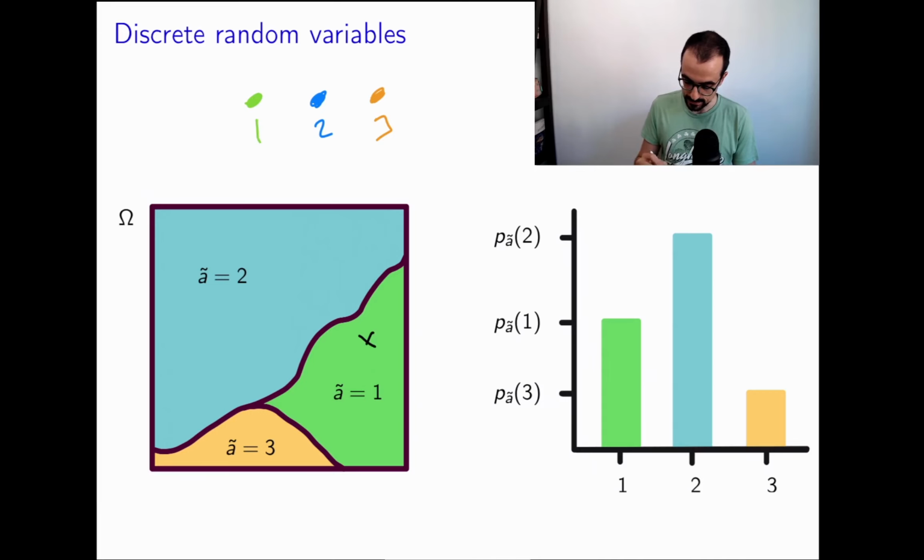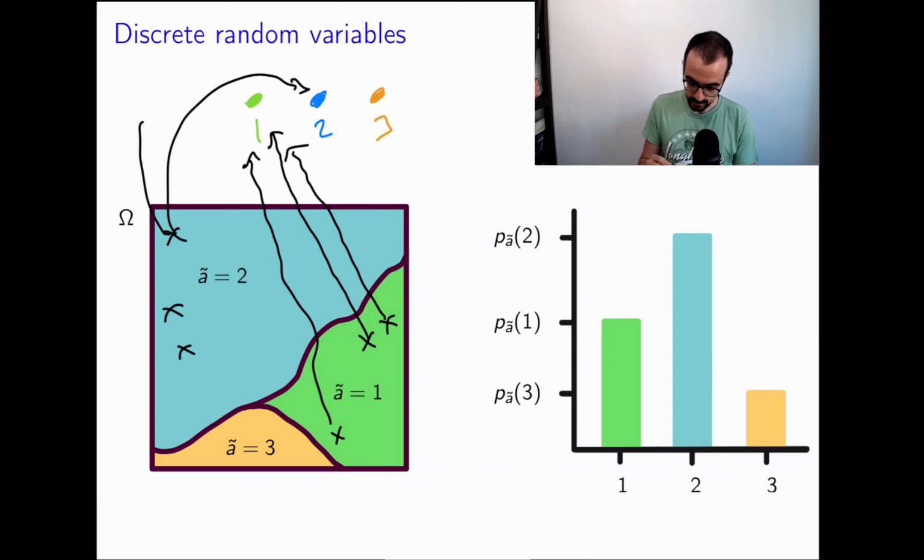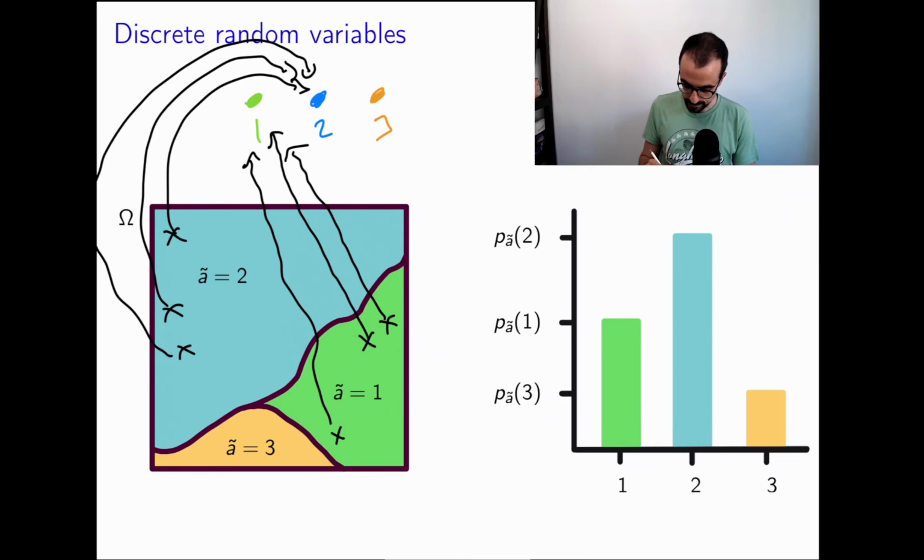So A maps each of the points in the sample space to one of these numbers. All the points here are mapped to 1. All the points here are mapped to 2. And all the points here are mapped to 3.